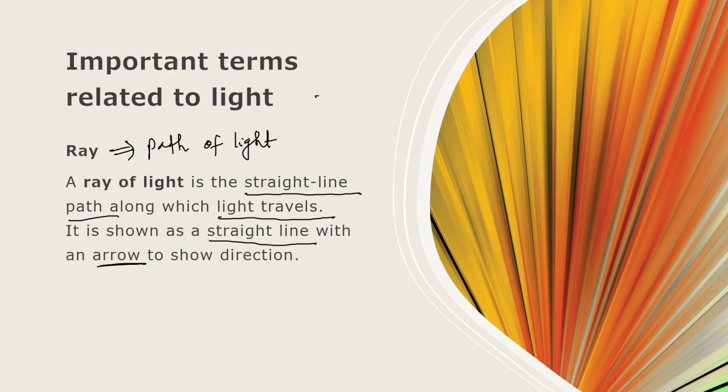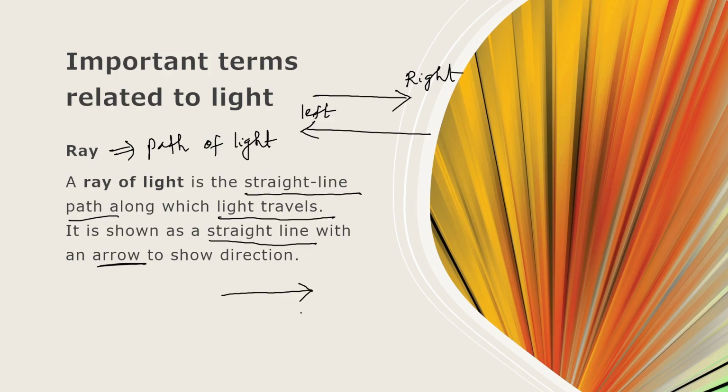So just draw a straight line with an arrow. This shows that light is traveling towards the right. Now if you draw a straight line with a left arrow, it shows that light is traveling towards the left. So this ray helps us to understand the path of light. The ray is represented by a straight line with an arrow.